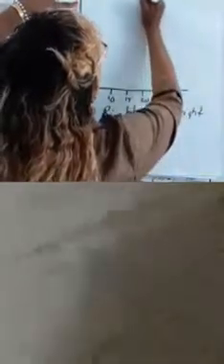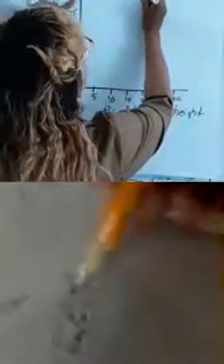So for person A, the hand was 19 and the foot was 27. I'm sort of off with my drawing. My 19 will be somewhere right in here. Then 21 and 30 will be right in here.